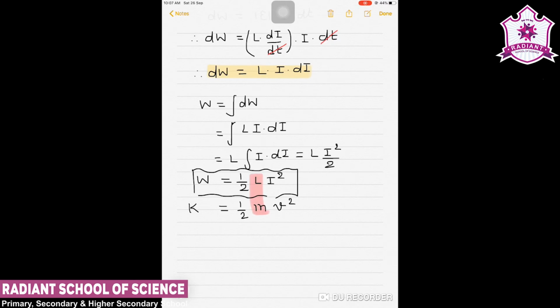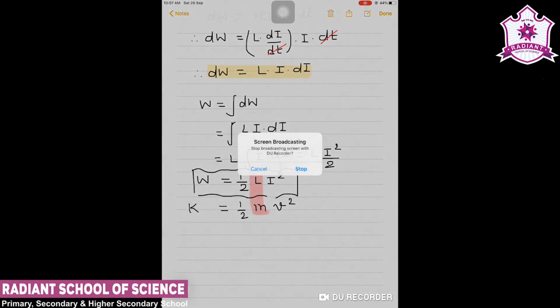We can compare L and m, where L is electrical inertia and opposes the growth and decay of current in the circuit. So this is the work stored in the magnetic field.